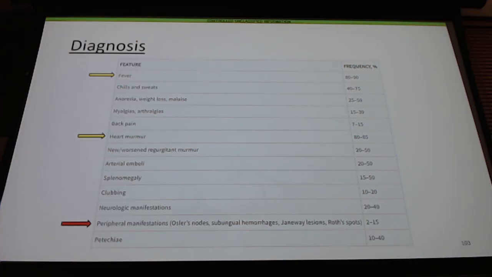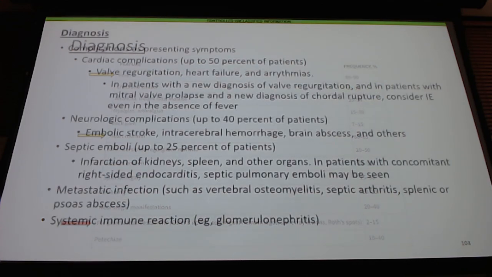The normal things that we associate with infective endocarditis actually are not that common, so you can't rely on Osler nodes or Janeway lesions in order to diagnose this patient.